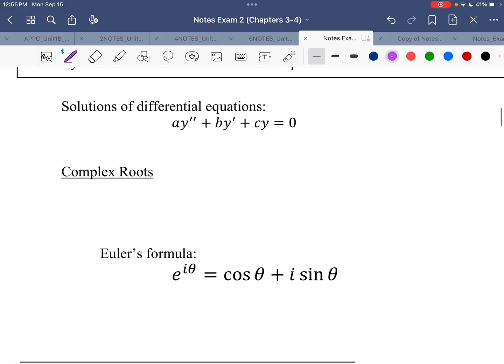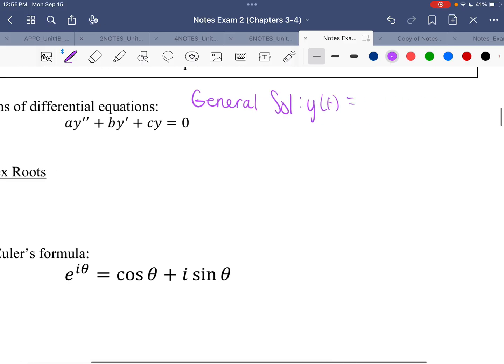So we still have our second order differential equation, and we know that the general solution is y of t equal to c1 times y1 plus c2 times y2.